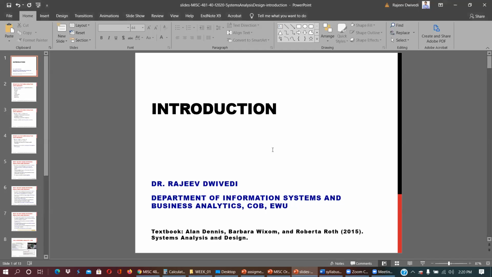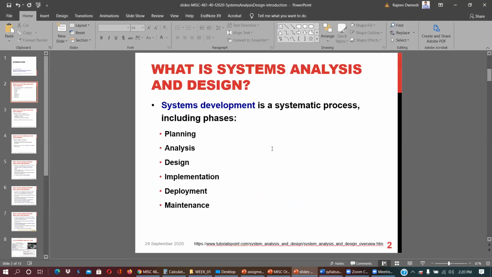But everything will be transforming from the traditional way of doing business to e-business, e-commerce, virtual business, virtual organization, virtual activities, or virtual processes. So the demand for system analysts and system developers is never going to stop.